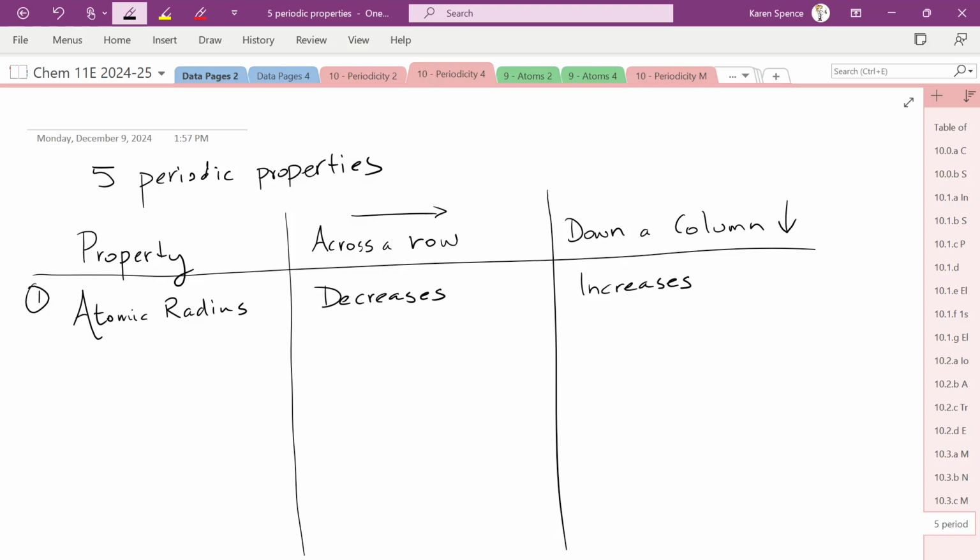Now, you should be prepared to give explanations for these. I'm going to let you know what graders hate, because you're not actually answering the question when you do this. Say, for example, here's oxygen, and further to the right is fluorine. Why is fluorine smaller than oxygen?